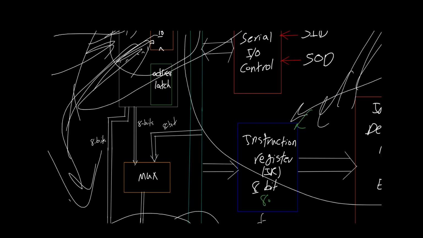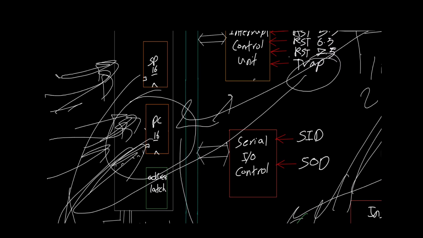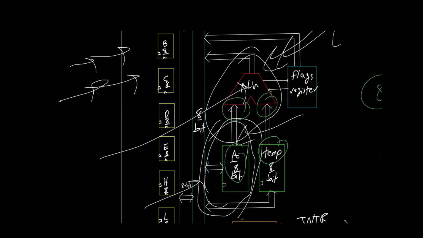So if we have 80 here, 80 in hex, the 8085 microprocessor knows that first it needs to copy the value in the B register inside the temp by putting that value onto this 8-bit internal bus, and then this 8-bit internal bus would be copied, as you see, inside the temp register, and then A is always one of the inputs of the ALU itself, so these two would be calculated, and the output of the ALU again would be put on the 8-bit internal bus, and this would be saved into a register.